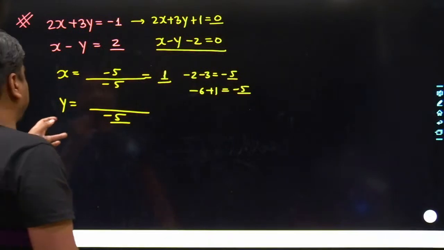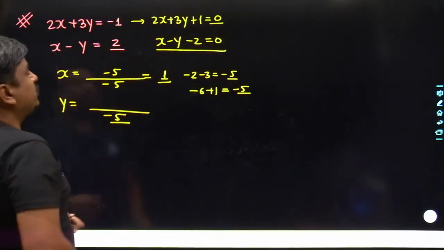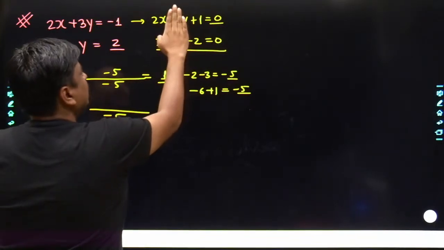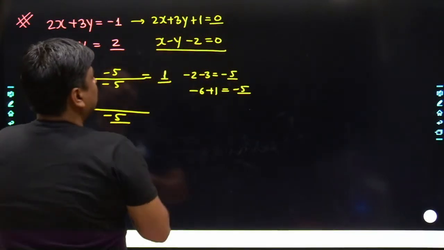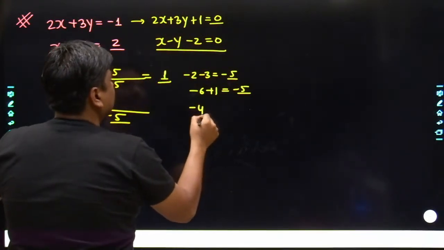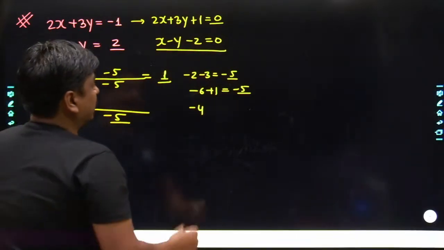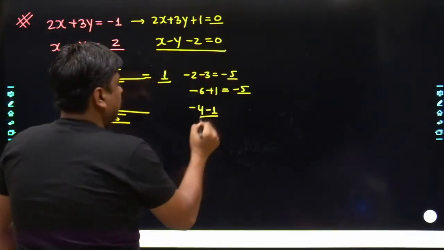Similarly, in the same process, if you wanted to get the value of y, which process did you have to follow? You had to hide the information which was there along with the y, and again you had to take the determinant. How is the determinant being taken? The 2 has to get multiplied with the minus 2, obviously the result would be minus 4, and similarly 1 would get multiplied with the 1, the result would be 1 along with the minus sign, so here it becomes minus 1.